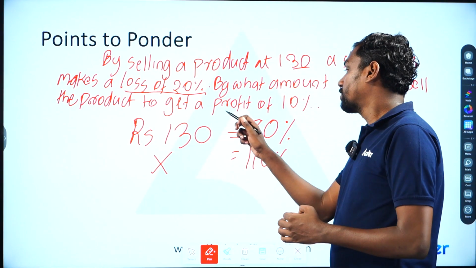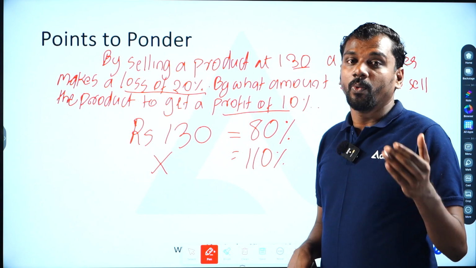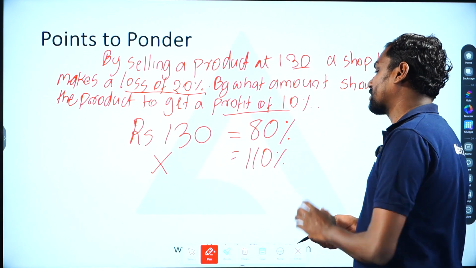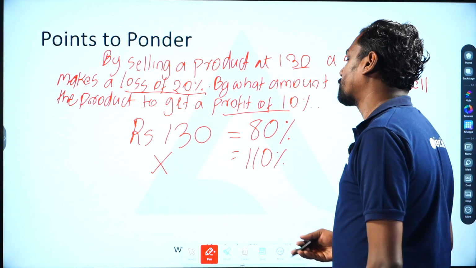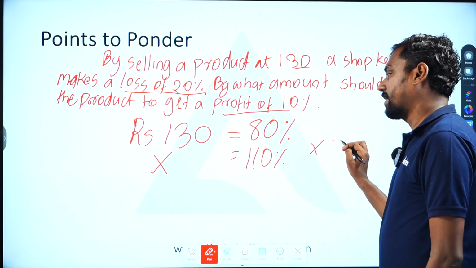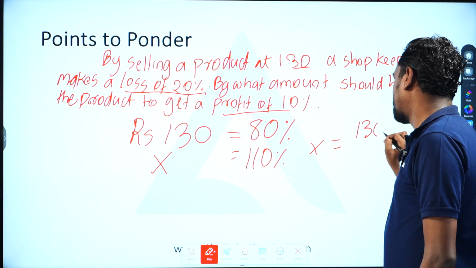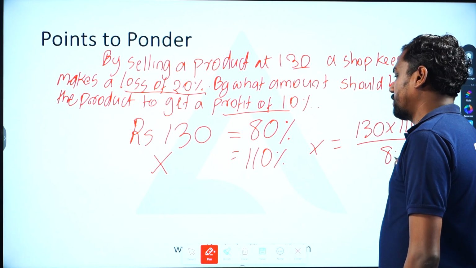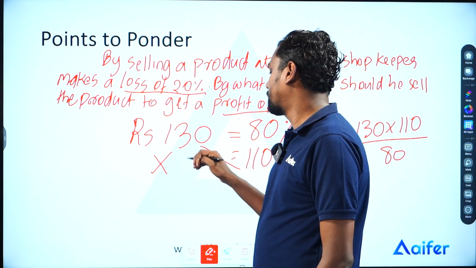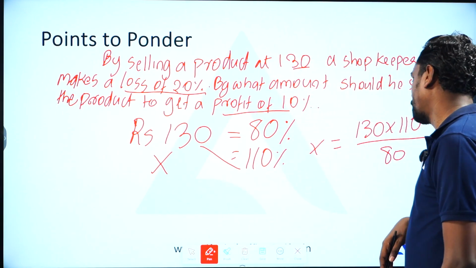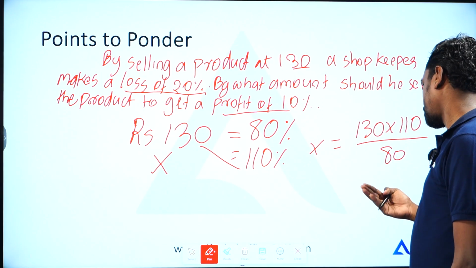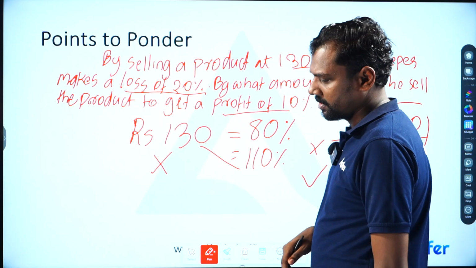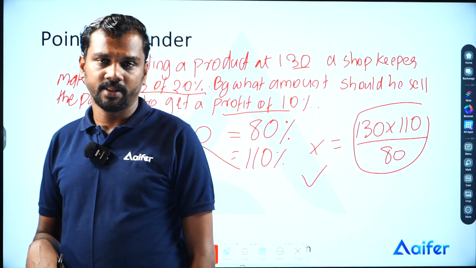And the question asks for a profit of 10%. When there is a profit, you have to add it to 100, so X is 110%. Cross multiplying, X is equal to 130 into 110 by 80. Solve that and you will get the answer.